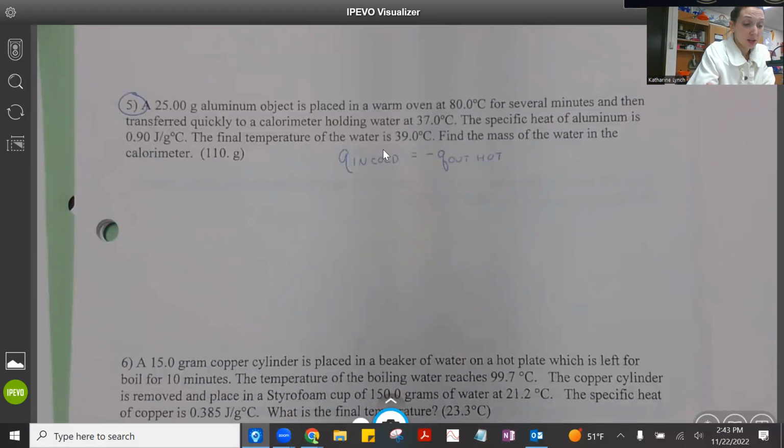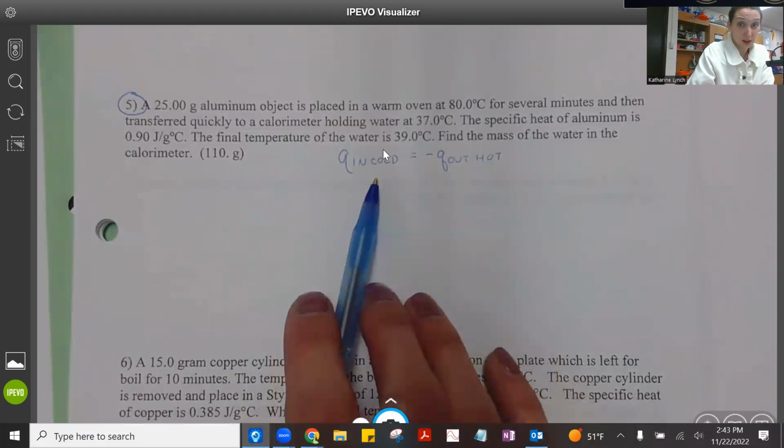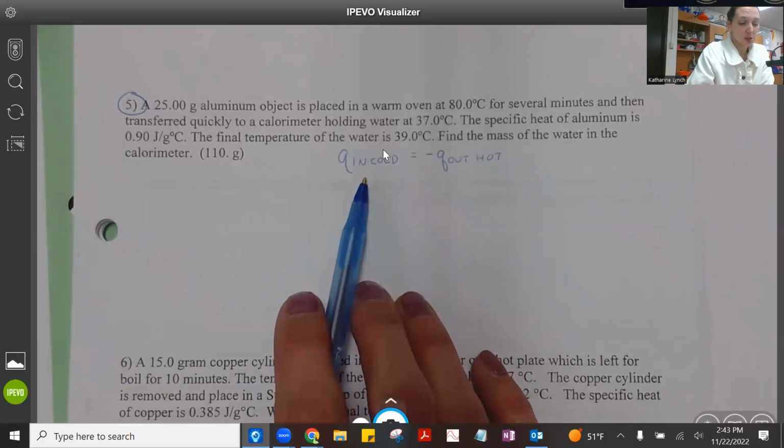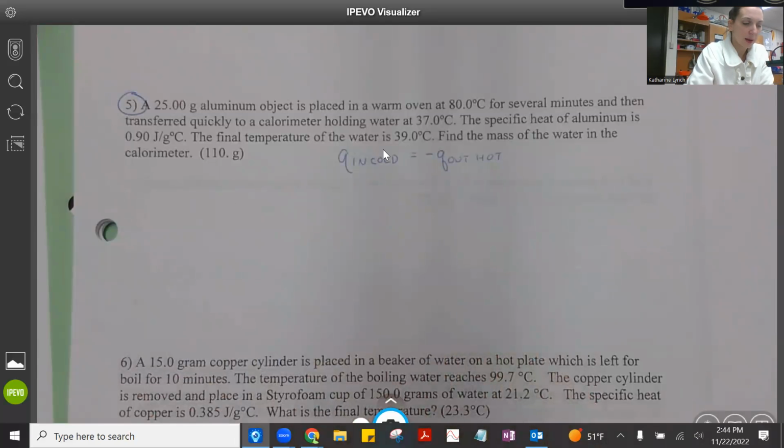We'll have enough information to solve for energy of one of them, and then we can solve for joules, flip the sign, which I will show you in this video, and then we'll go through and solve for the information on the other side. Step by step, just stick with me and you guys are going to do great.